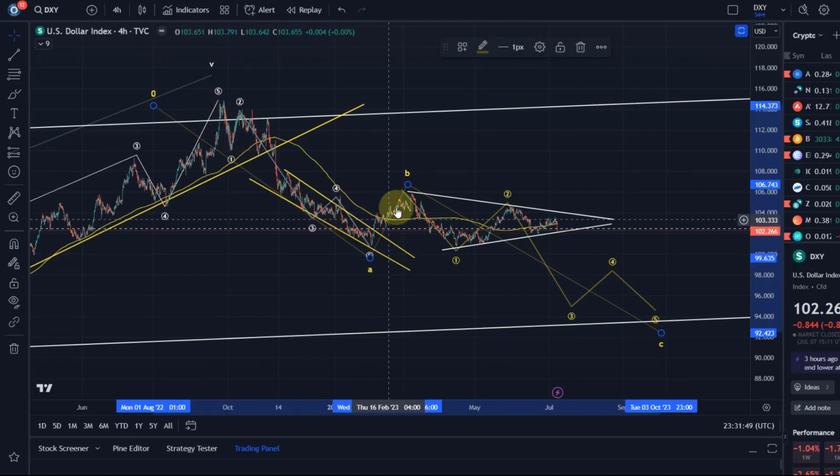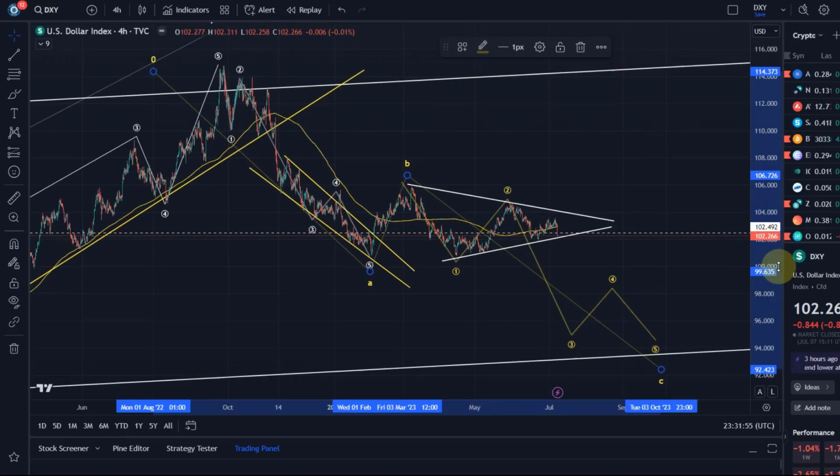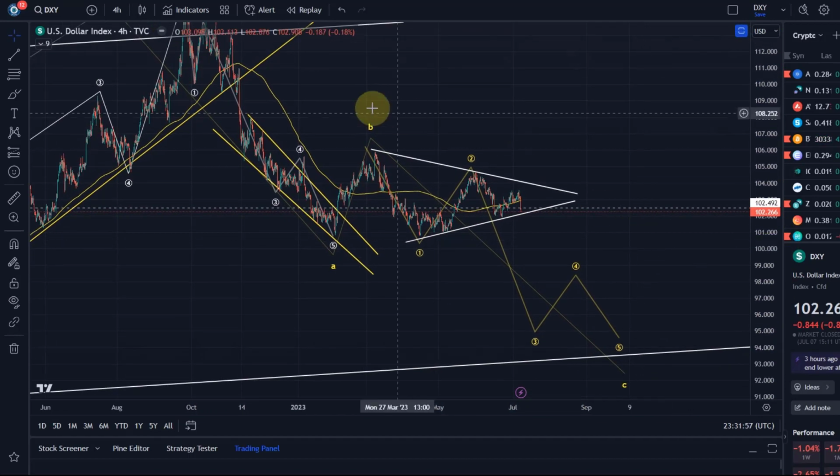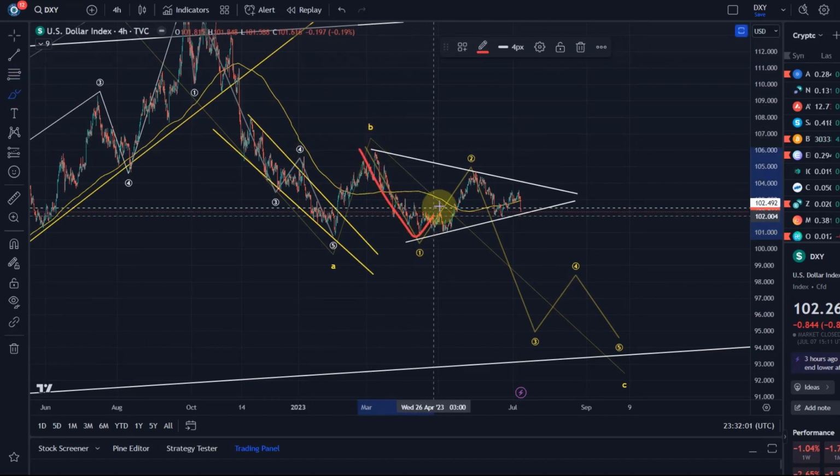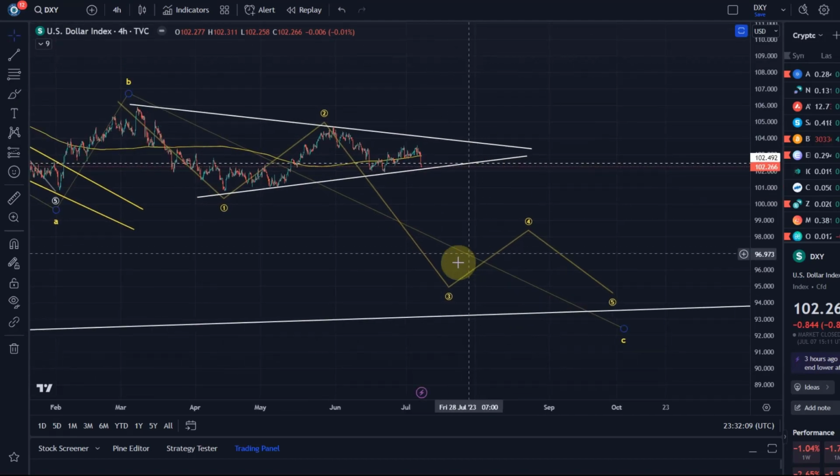The B wave could have been very shallow, and we're now heading down in a C wave. That would be a 5-wave move. In this wave count, we've completed a 1-2 setup already, and we are now in the next 1-2 setup. Basically, that's already finished.